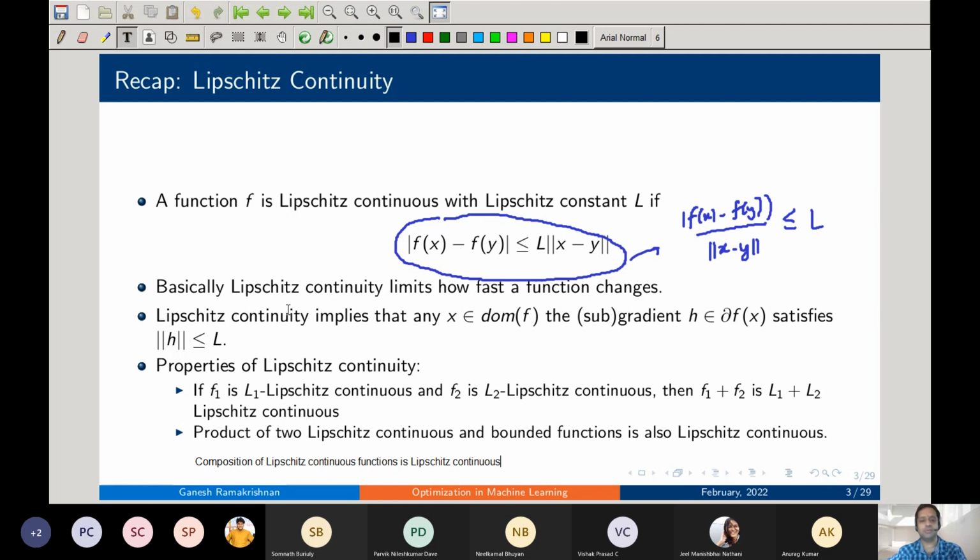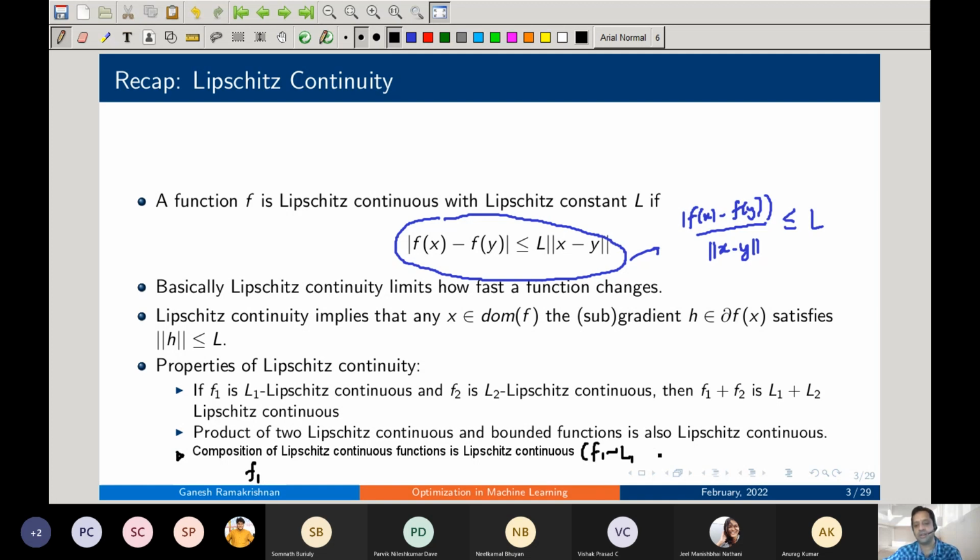It's a fairly simple proof. Let's say F1 is Lipschitz continuous with L1, and F2 is Lipschitz continuous with L2.